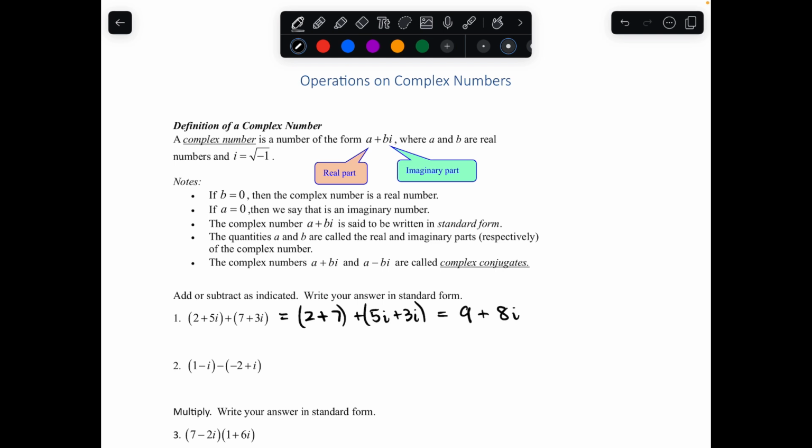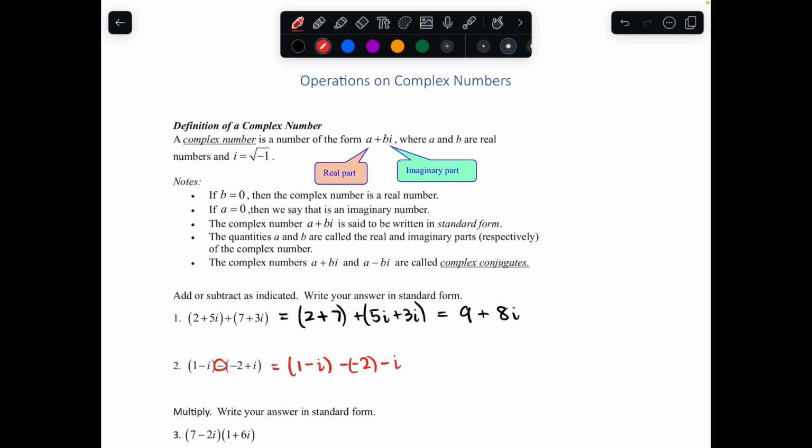So let's move on to our next one. We have 1 minus i minus negative 2 plus i. So this minus right here is going to distribute normally, just like how you would expect it to. And so this becomes 1 minus i minus negative 2 minus i.